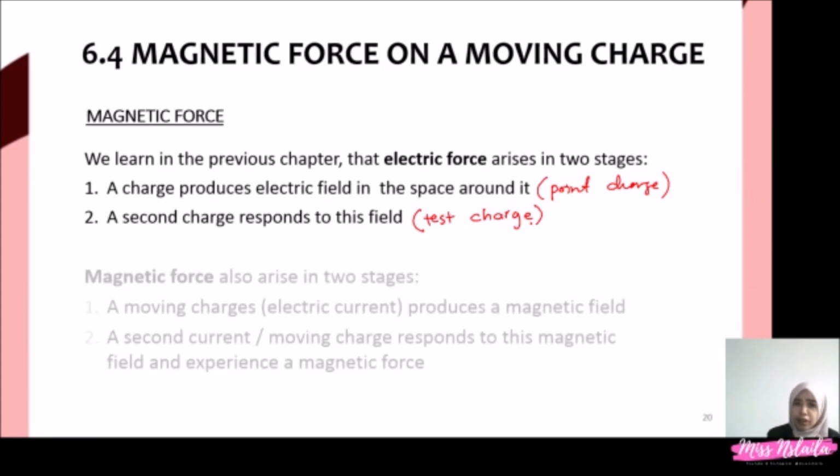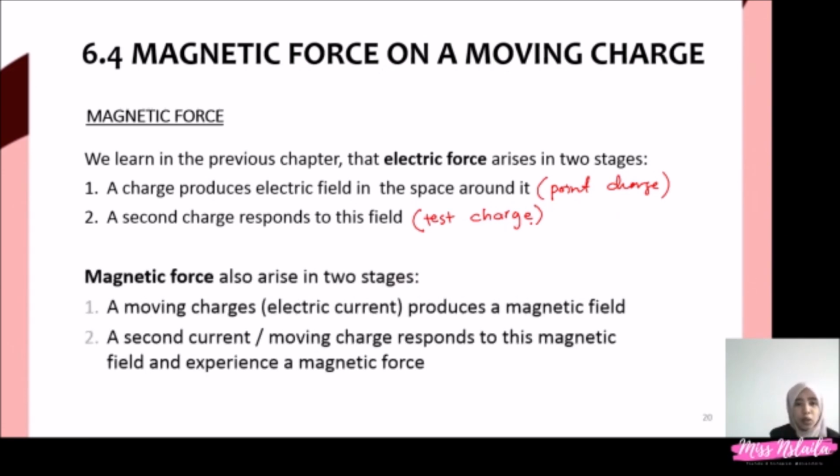What about magnetic force? It's almost the same concept. To produce magnetic force, we need a moving charge or electric current that will produce a magnetic field around it. Then we need another second current or second moving charge to respond to this magnetic field. Then it will produce magnetic force.